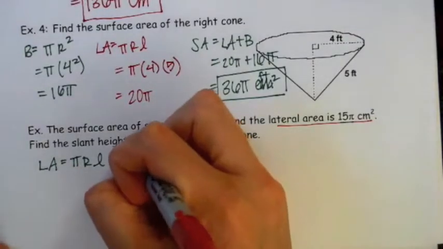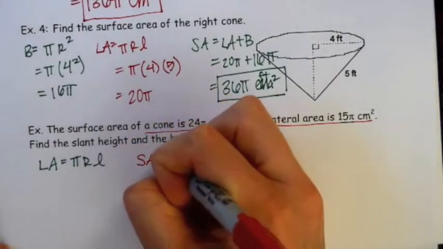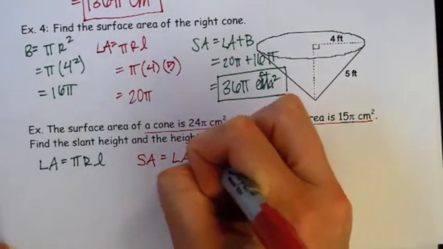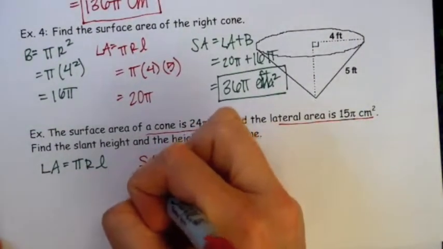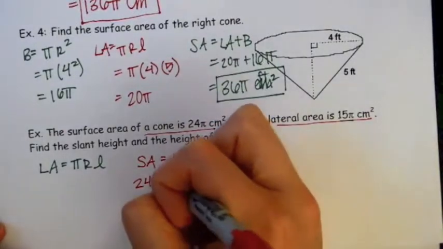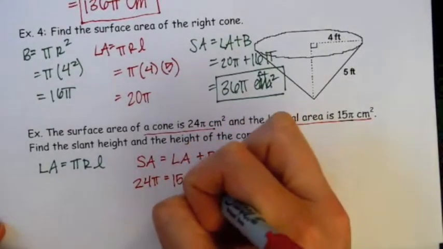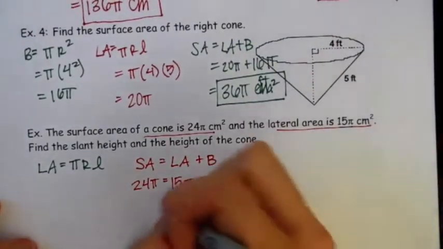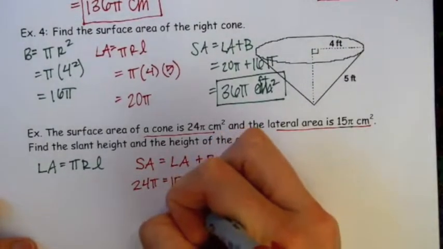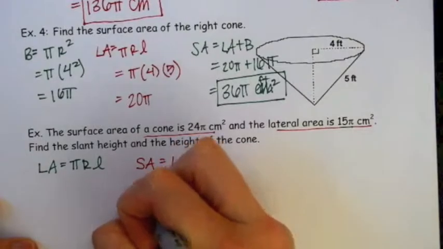But from my surface area, I know that's my lateral area plus the area of the base. Well, my surface area is 24 pi. My lateral area is 15 pi plus my area of the base. So I can subtract 15 pi from both sides.